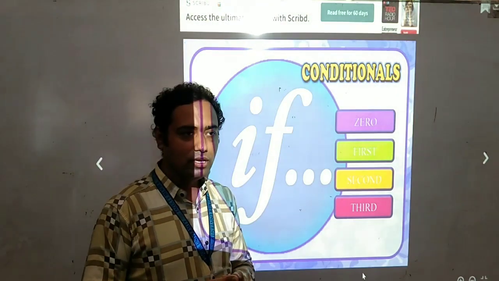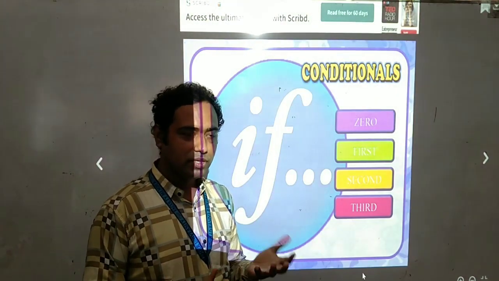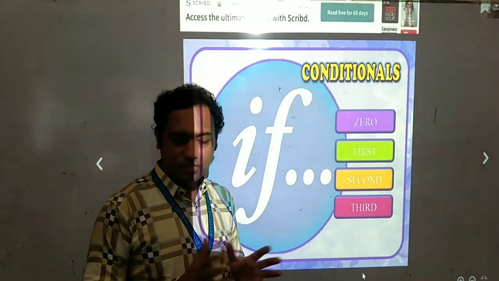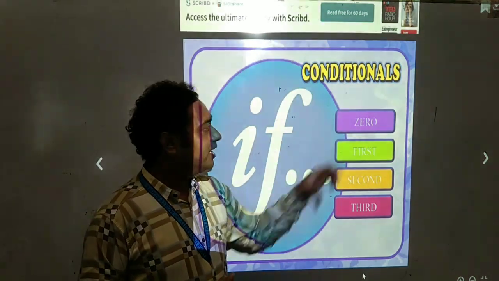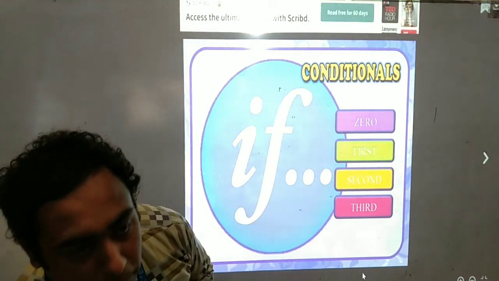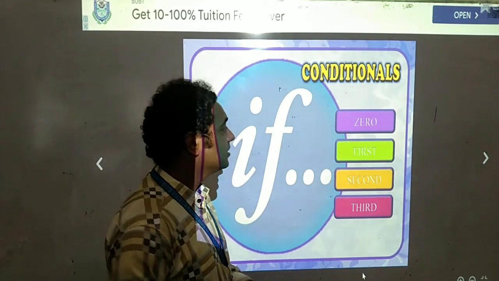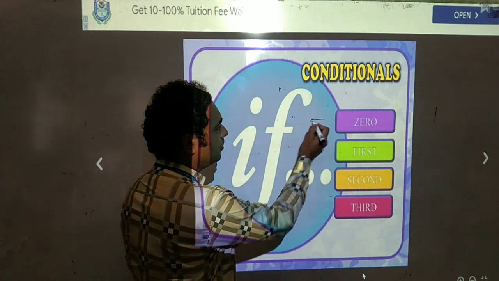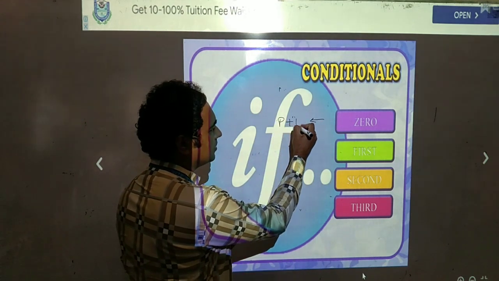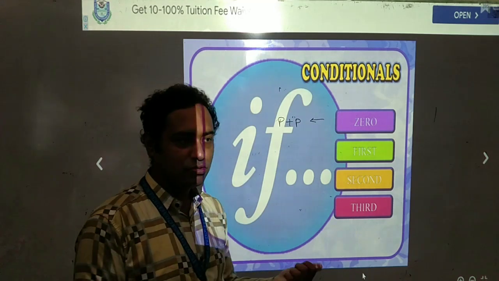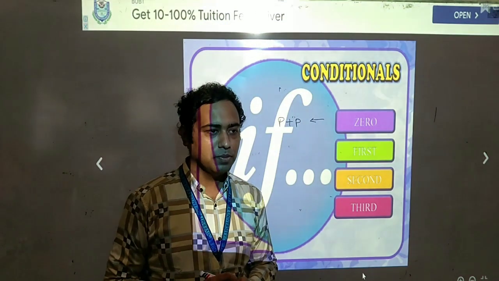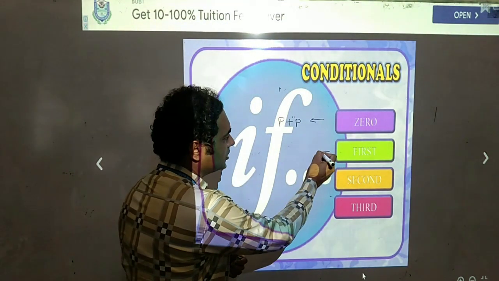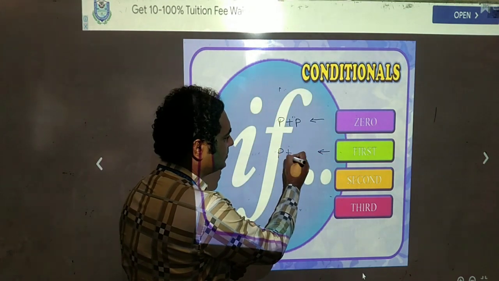What is the zero condition? I'll explain. The formula will be present and present. And the first conditional is present plus future.